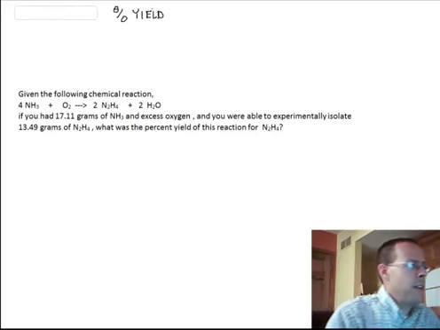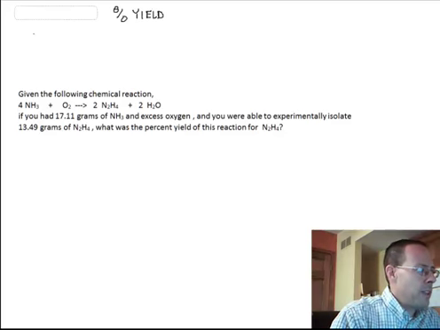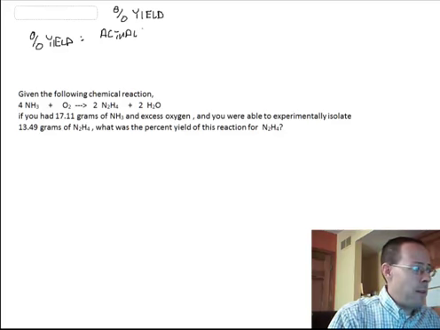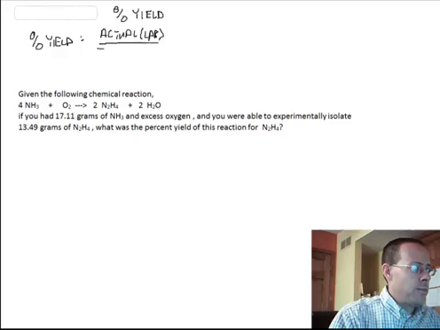So, again, percent yield is an equation, and this is the equation. Percent yield equals actual yield divided by theoretical. So actual is what you get in lab.